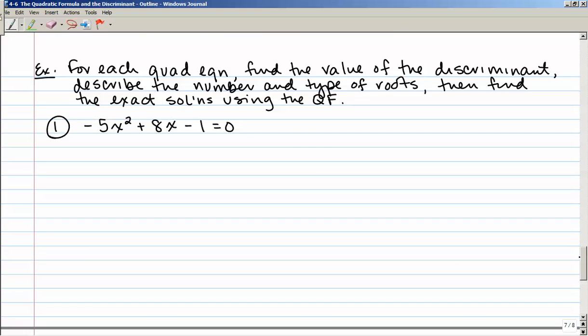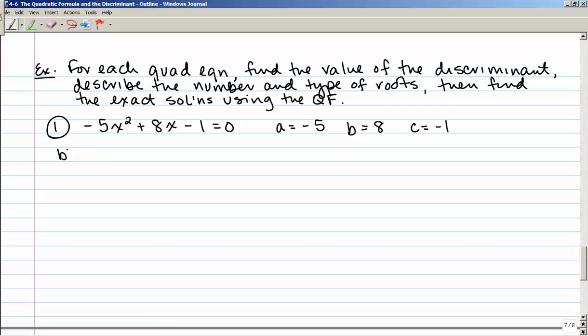So, for each quadratic equation, find the value of the discriminant, and then describe the number and type of roots, then find the exact solutions using the quadratic formula. Okay, so we need to find first just the value of the discriminant. I'm going to go ahead and identify my a, b, and c. So I think that makes it a little bit easier.